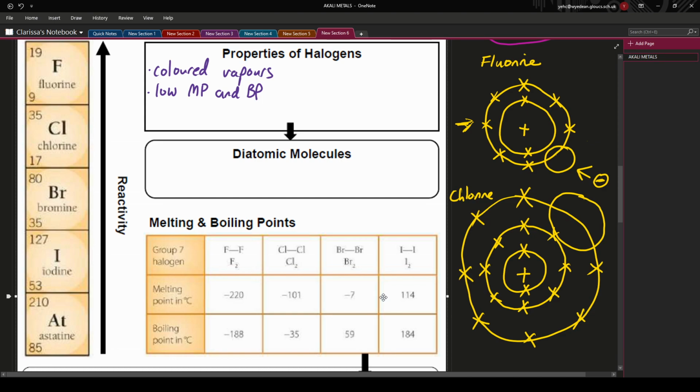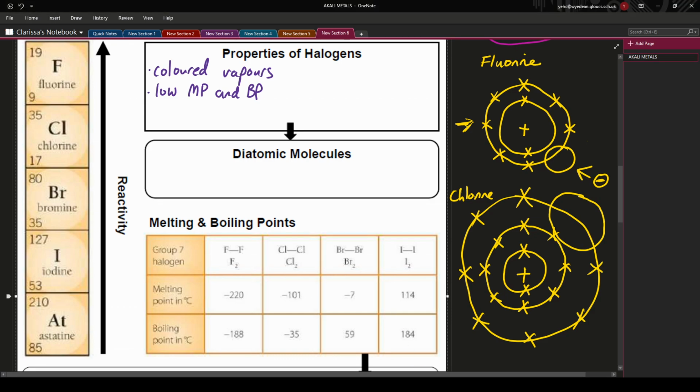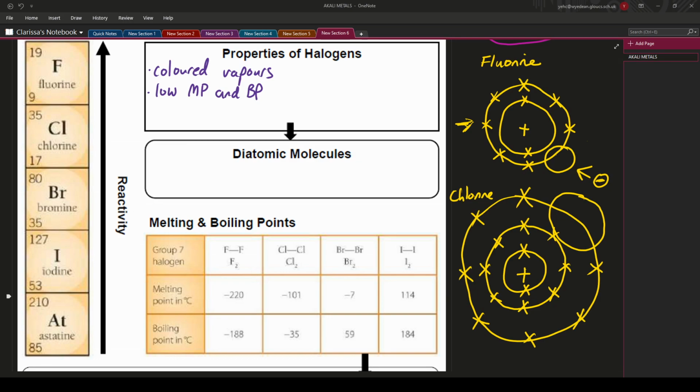So one thing I also want you to make a note of is how they're all different states. Whereas the alkali metals, they were all solids. When it comes to the halogens, some of them are solids, some of them are liquids, some of them are gases, which is why I said that at first glance they might not look like they belong in the same group, but they do because of their electronic structure.